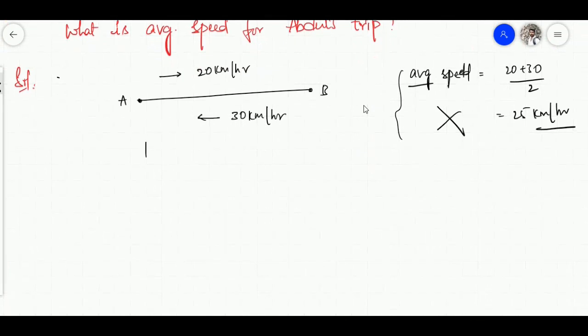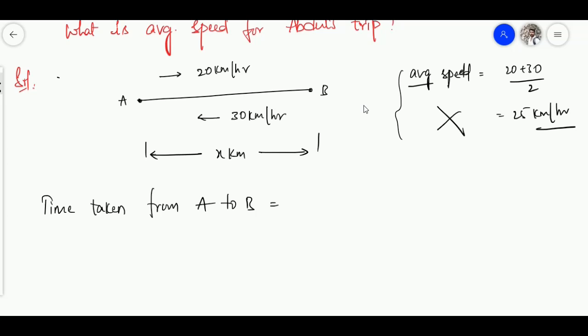We don't know the distance. So let's take the distance as x kilometers. The unknown value will be taken as x anywhere, right? Now I want to calculate the time taken from A to B. For this I have the speed. Speed equals distance by time, and distance equals speed into time, right?